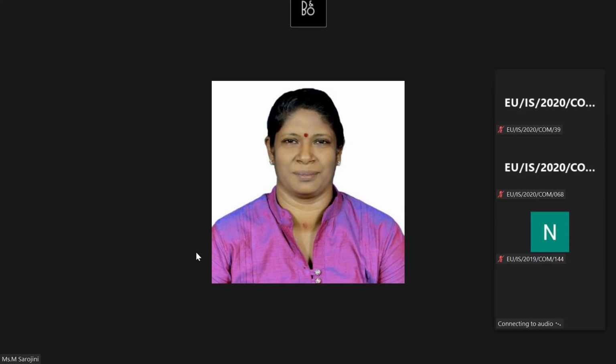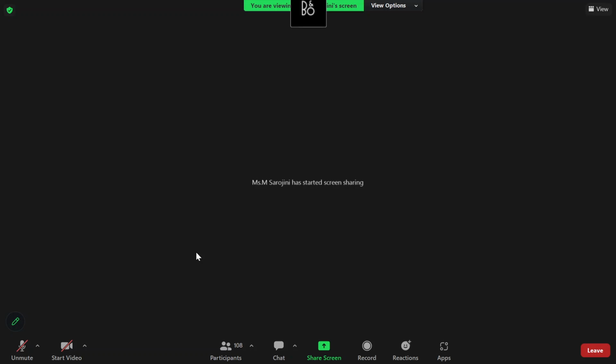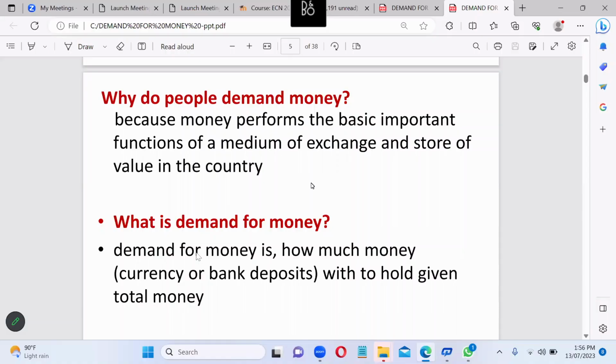Because money performs the basic important function: we need money for comfort and for purchases, so we are holding money. That is how we raise the demand for money.